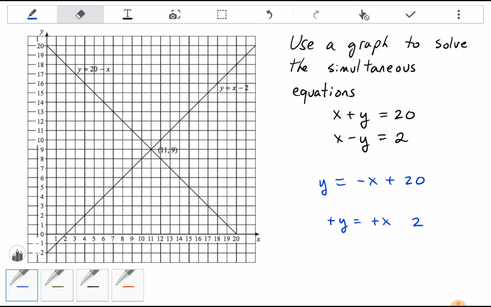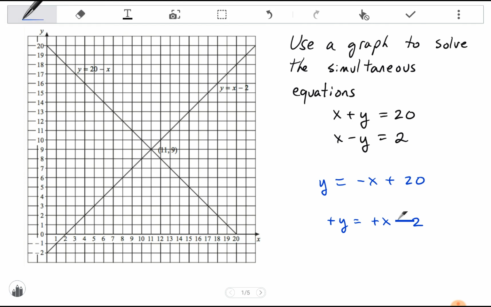So we're left with y equals x minus 2. And that means the intercept is negative 2 right here, and then the slope is 1, so up 1 over 1.